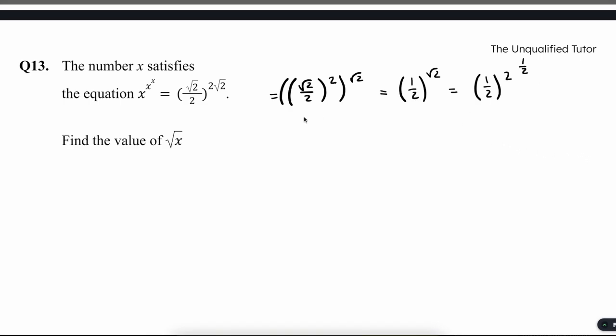So a way of thinking about it is, let's start at the top and try to make them the same. Let's look at 2 to the 1/2 first of all.